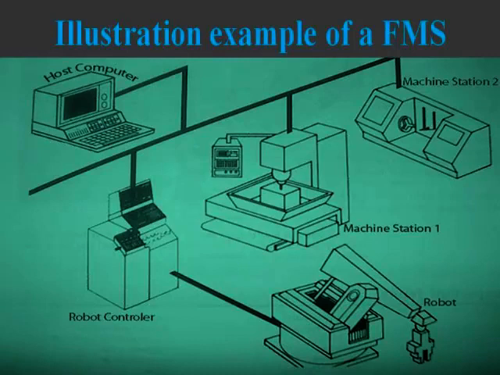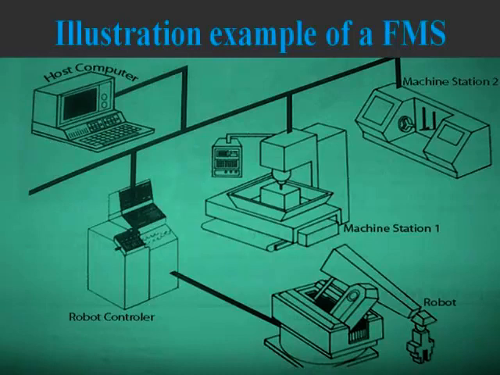This is also a linear kind of transferring of parts, but here a secondary material handling device is used. The parts are transferred from the primary material handling device, like a conveyor, to the machine by a secondary material handling device. It can be a robot or an automatic material transfer device, and the same device will unload the parts from the machine to the conveyor.